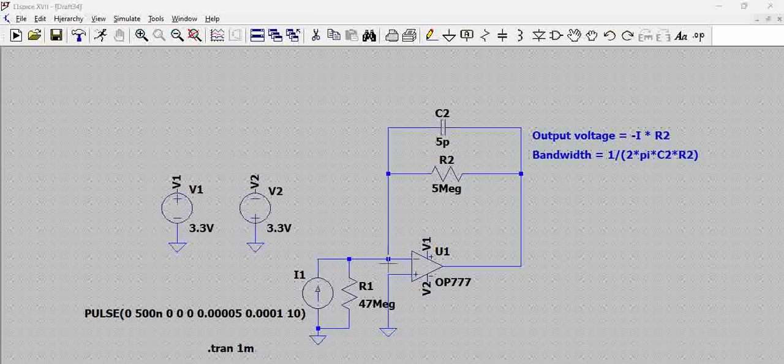And then second thing, we also see a feedback cap in parallel with the main resistor, and this actually is required to maintain the stability of this particular op amp. So what happens is there will be some capacitance associated with the source that is connected. The source can be anything, right?